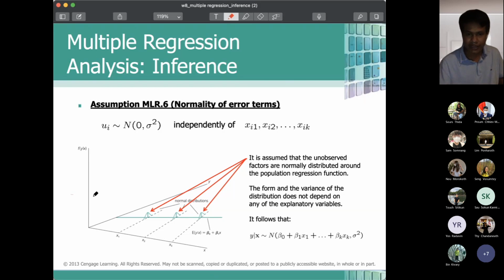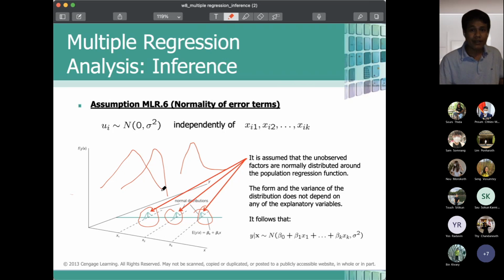As you can see here, it is normally distributed with x1, x2, or x3. If it is not normally distributed, it's going to look skewed to the left or skewed to the right, something like this. But normal distribution is this. The error term should be normally distributed.